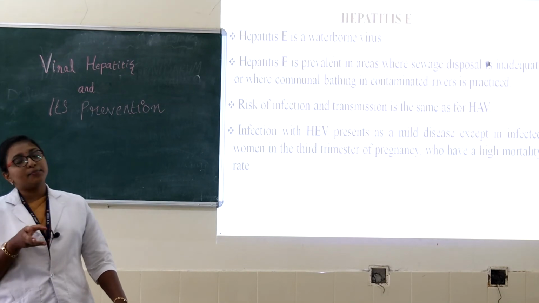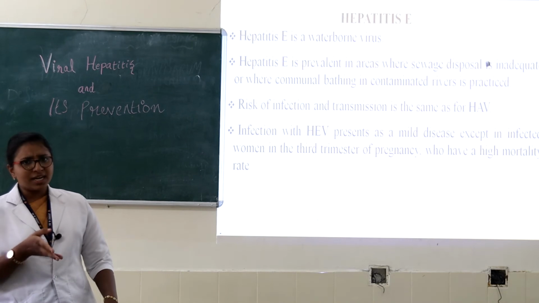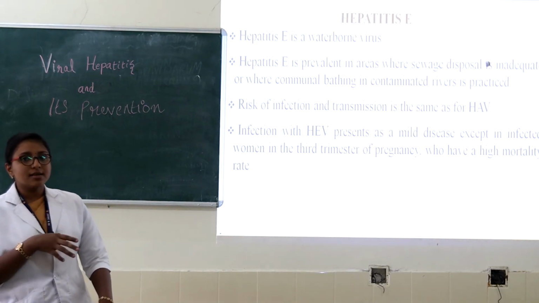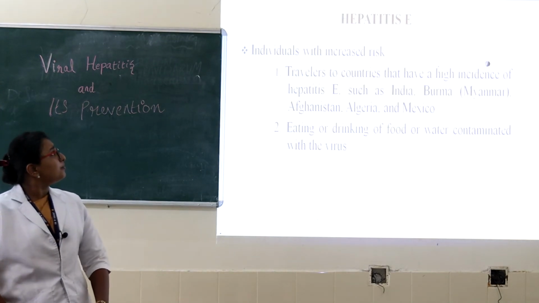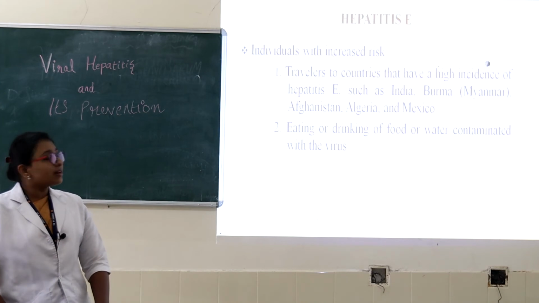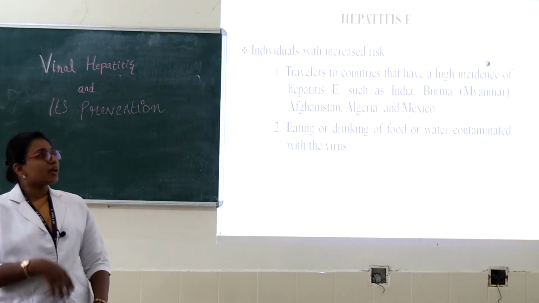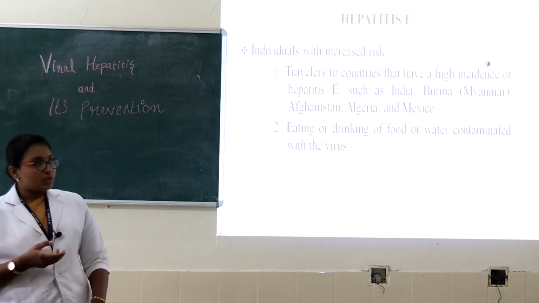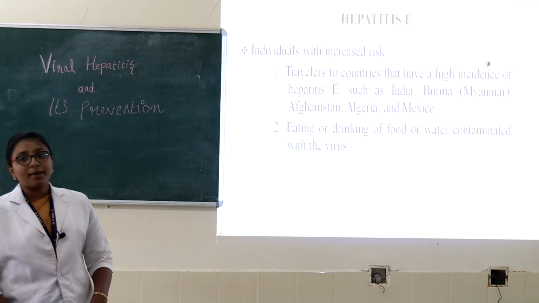That is, crowded areas and people who are eating food and drinking water contaminated by hepatitis E virus. Regarding individuals at risk, it's travelers going to countries with a high incidence of hepatitis E, that is India, Myanmar, Afghanistan, Algeria and Mexico.